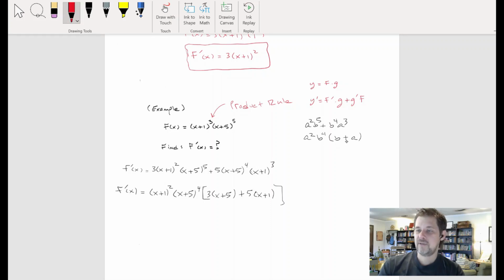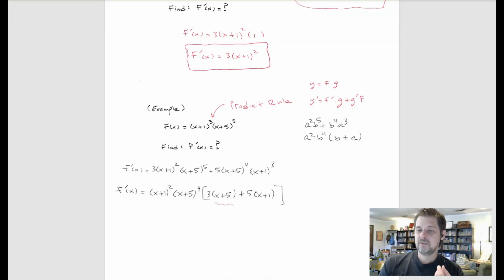I did this factoring part thinking that that would lead me somewhere. And where it leads me this time is that this stuff in here can be combined. I don't want to rewrite this whole thing just to tell you about this part, but those terms can be combined and simplified. If you multiplied the 3 through there and multiplied the 5, you get 3x plus 15.